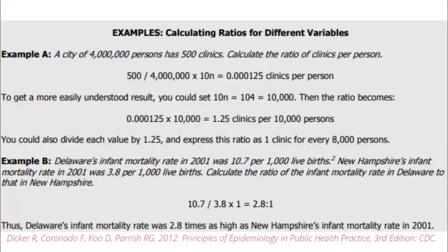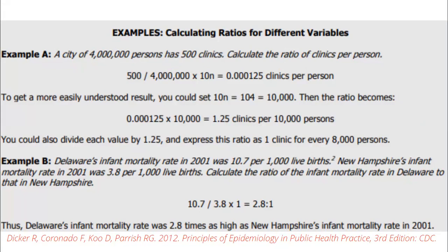Another example of calculating ratio with different variables. So we are given a city of 4 million people living there with 500 clinics. So we are asked to calculate now the ratio of clinics per person.